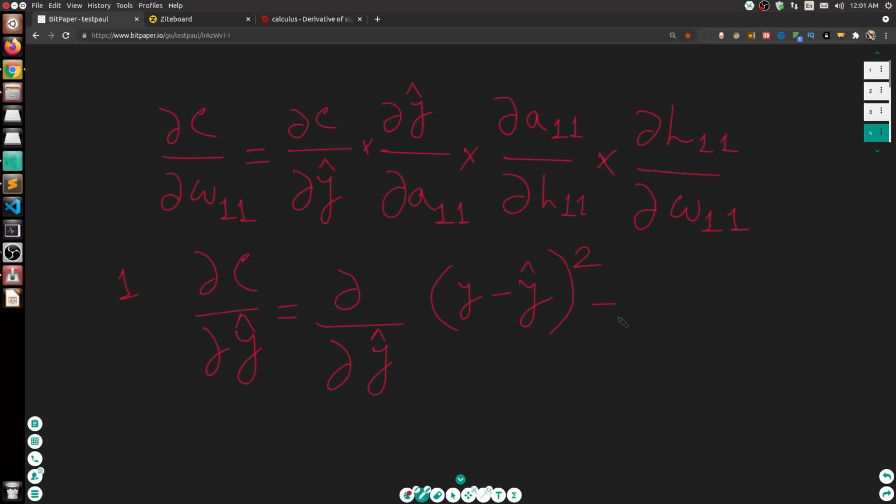And this comes to minus 2 into y minus y hat. And how do we get this? It's just the power rule of differentiation, that is d/dx of x to the power n is equal to n x to the power n minus 1.